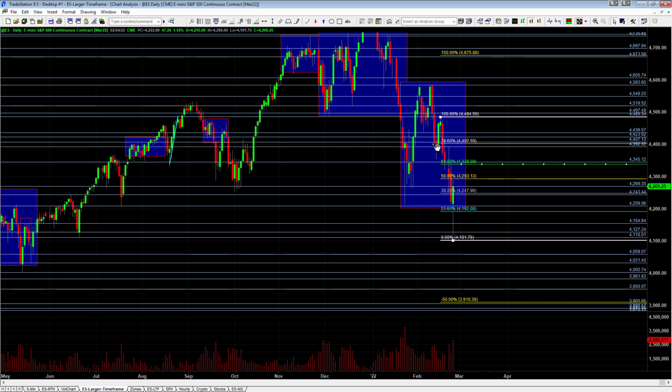So it reduces the odds of this scenario, right? This is the pullback, this is a continuation. So if we take out those highs that we talked about, the zones, then it reduces the odds of continuation. But if we fail here and we start coming down again, that's when the bearishness can continue. So it's just early to say, because of the way the pattern has developed.